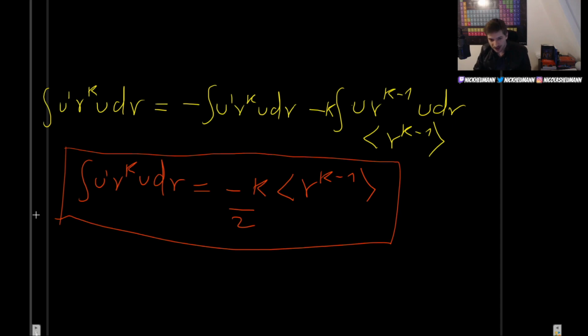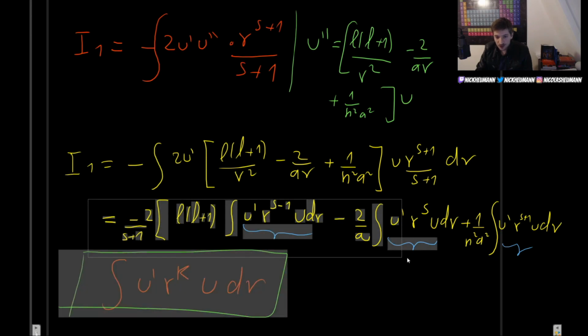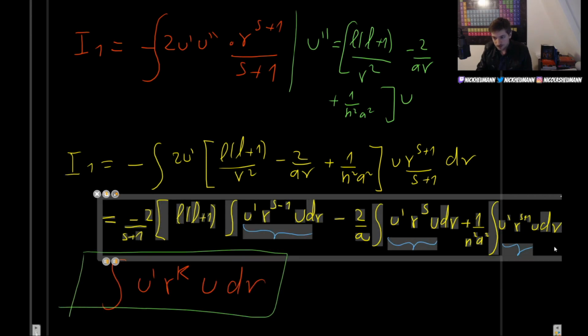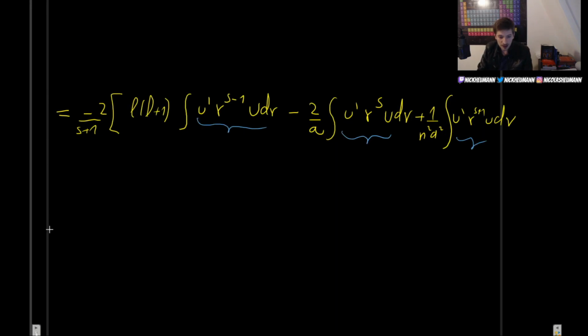Let's now use that. So let's go back to our I1, where we had 3 instances where an integral of this form appeared. Maybe let's go to a new page. So this was our I1. I'm going to be very clear in my notation and what everything is, because it's going to get messy.